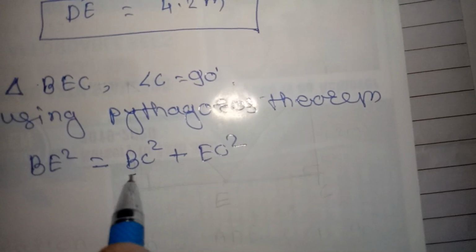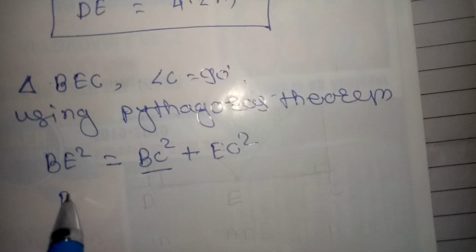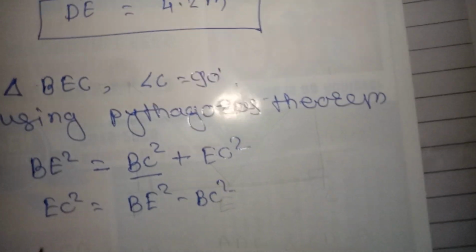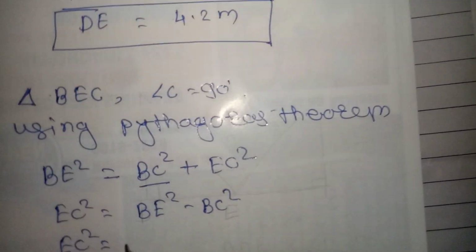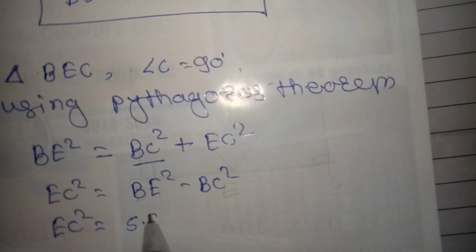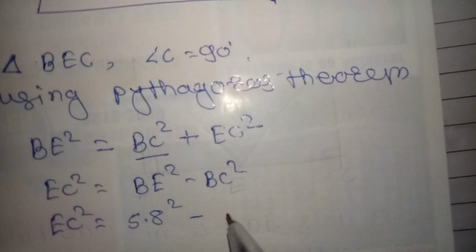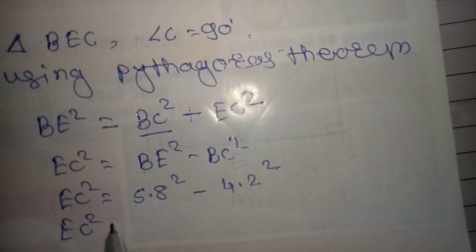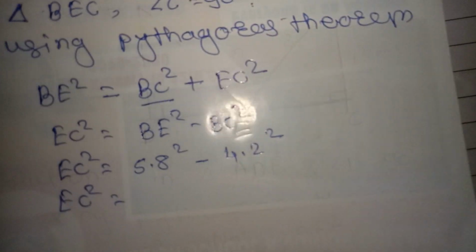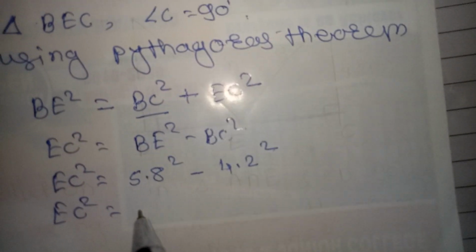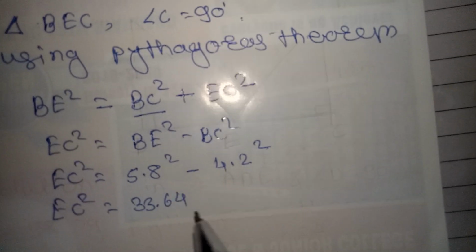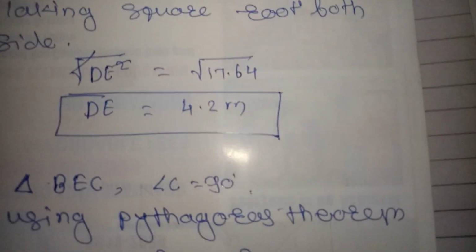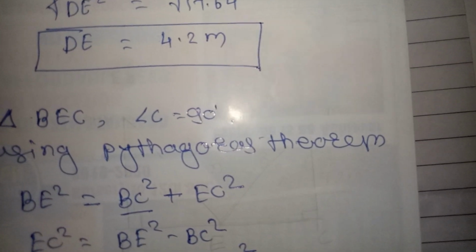So BC square is here positive, goes to the other side negative, then EC square is equal to BE square minus BC square. So EC square is equal to BE value 5.8 square minus BC value 4.2 square. Then EC square is equal to 5.8 square, we found in the previous equation, its square is 33.64, minus 4.2 square, that is 17.64.